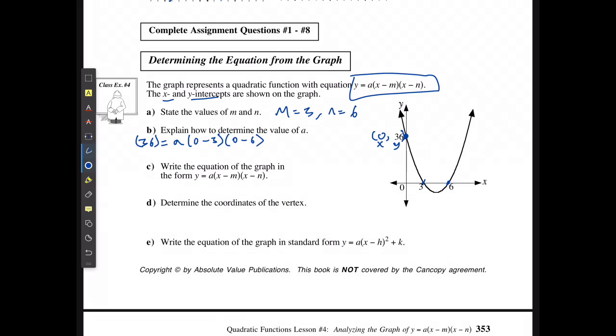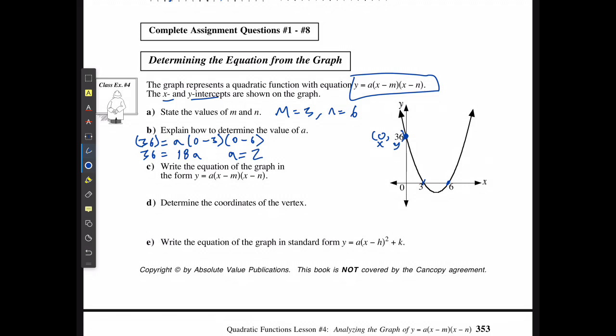Which means that 36 is going to equal, well, 0 minus 3 is just negative 3, 0 minus 6 is negative 6. When I multiply them together, I'm going to get 18. If 36 is equal to 18a, when I divide both sides by 18, a is going to equal positive 2.